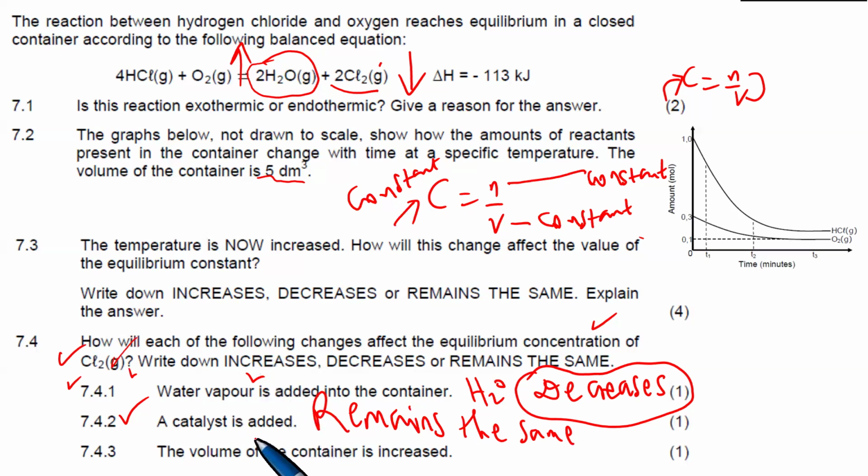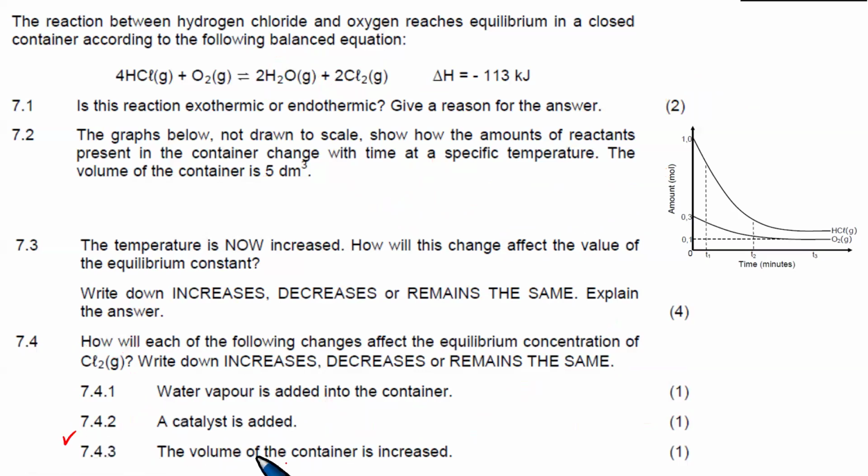Let's look at 7.4.3. In the next question, we're saying the volume of the container is increased. Concentration is number of moles on volume. Somebody pushes up and increases the volume of the container, and we know very well that if the volume increases, we expect a decrease in the concentration.